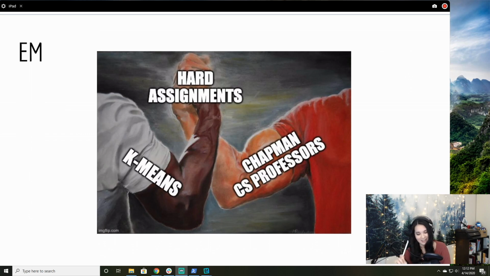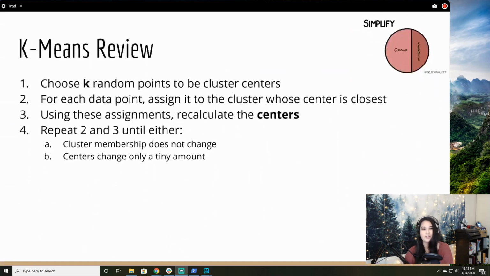Okay. Anyway, so just to review, K-means had a couple steps that we did, and it's an iterative process, so we're repeating some of these steps. We first chose K random centers and then assigned all of our data points to one of those centers. Then once we had each of our data points assigned to a center or cluster, we would recalculate what that center should be based on all of the data points in that cluster.